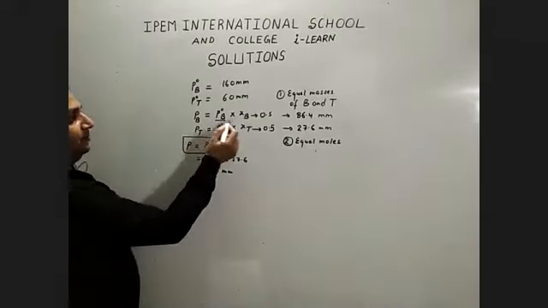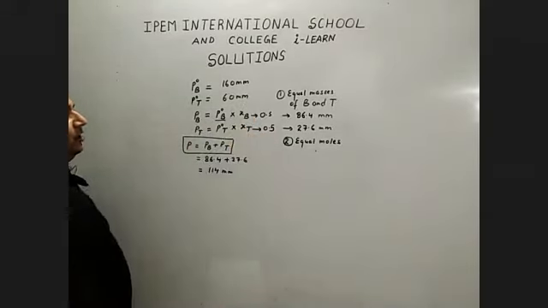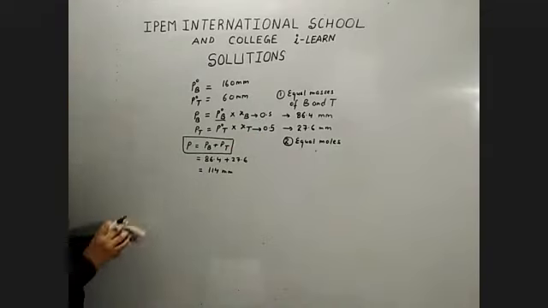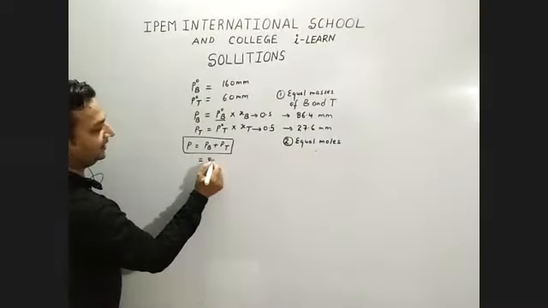So P naught B into 0.5 means 160 into 0.5. How much will it be? It will be 80. So PB we got. PT is 60 into 0.5, 30.